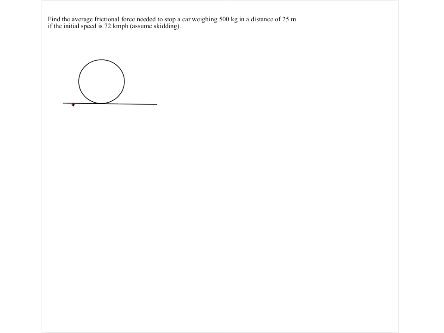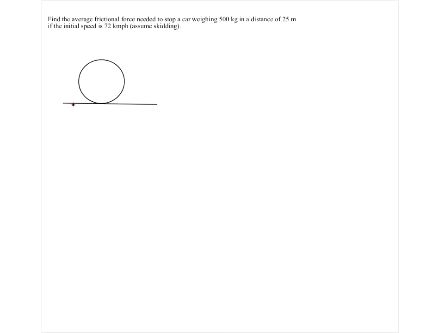Force is asked. Plus or minus sign will tell the direction only. For a vector, plus or minus sign will tell the direction. For work, minus sign means something else. But here, force is asked.